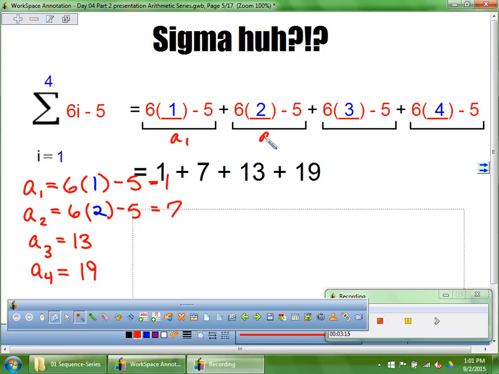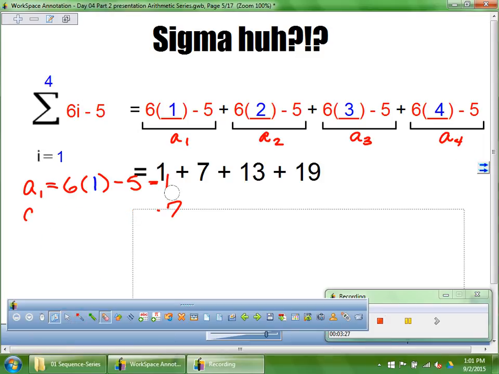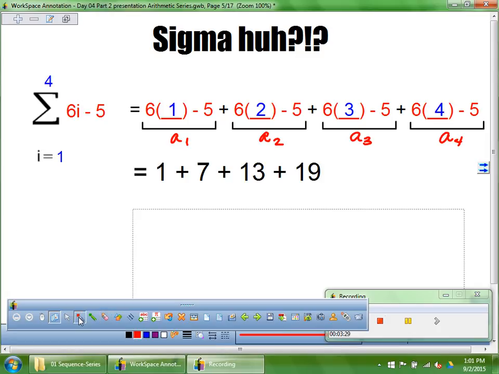Here's the second term. Here's the third term, and the fourth term. I just had to substitute in 1, 2, 3, and then 4. And that's where we came up with a sub 1, a sub 2, a sub 3, a sub 4.